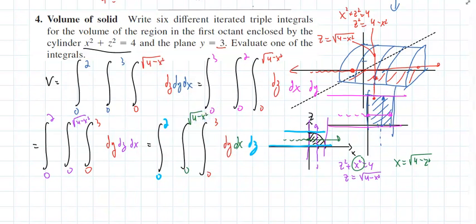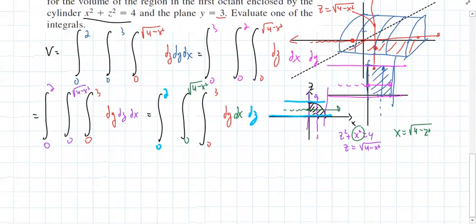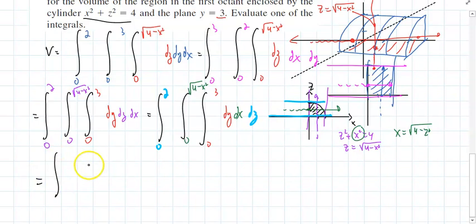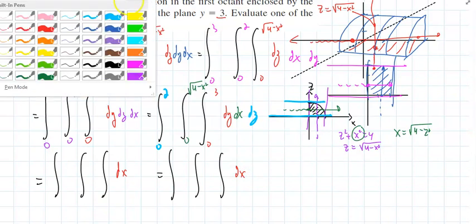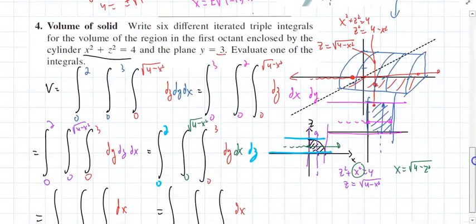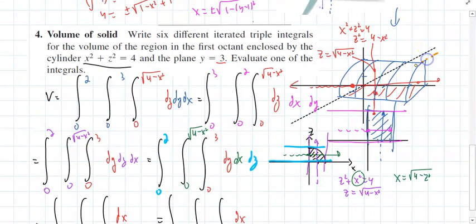And somebody will say, you know what, forget that. I don't want to do any of that. I want to look in the direction of x. Well, okay. If I look at this in the direction of x, what do I see? In the direction of x, I'm coming from there.